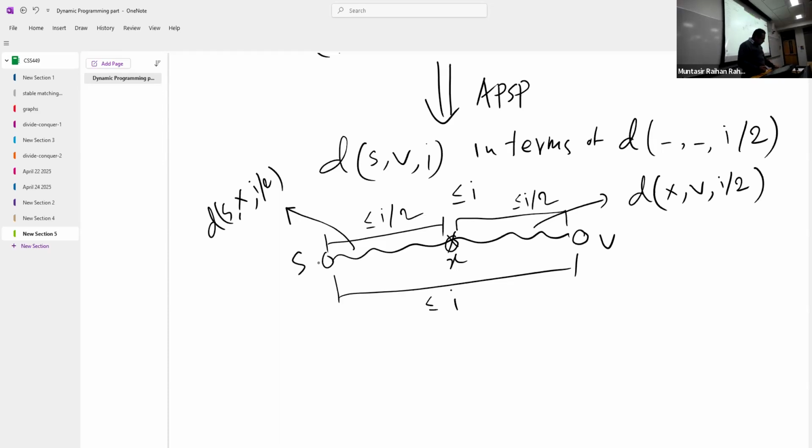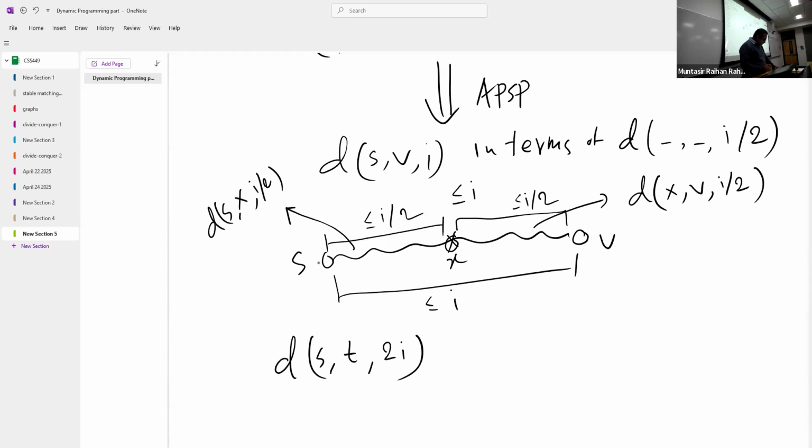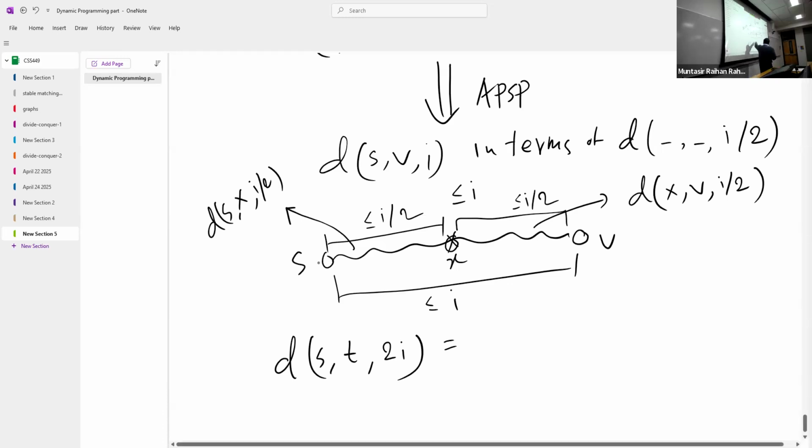And now the new recursion is actually much simpler. It's going to be, from any S to T, let's say I want to find a 2i hop bounded path from S to T. X can be any possible vertex in the graph, right?